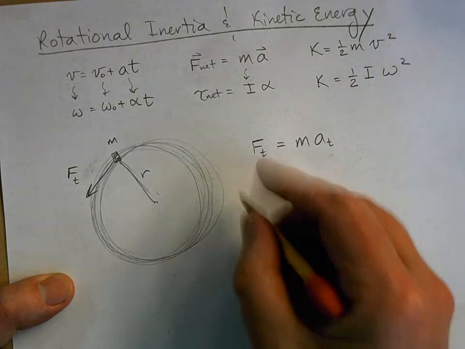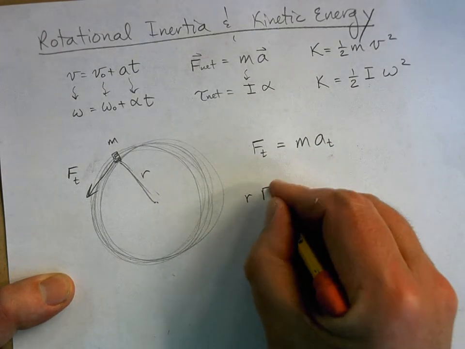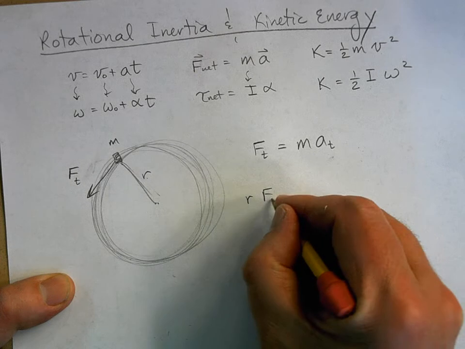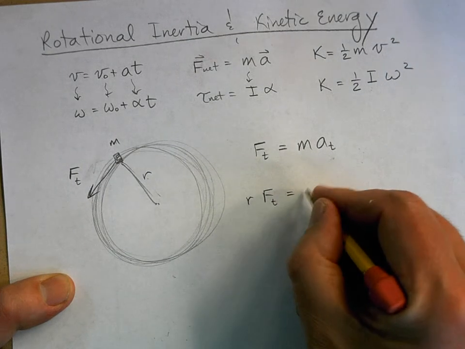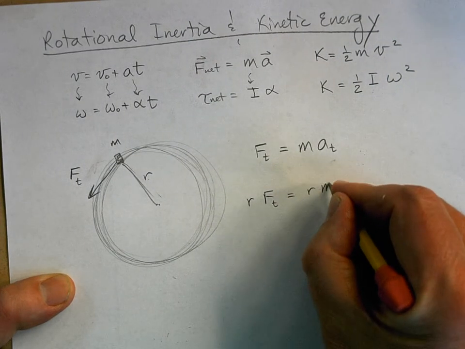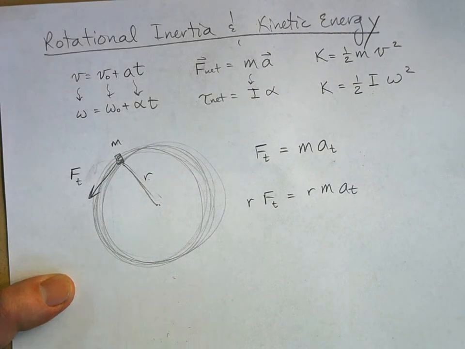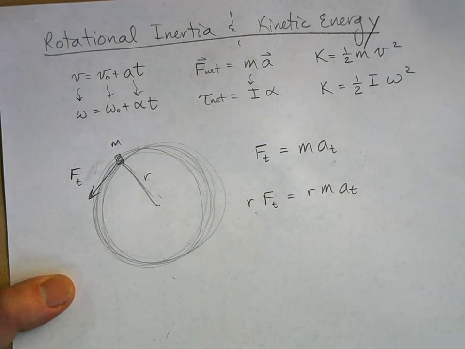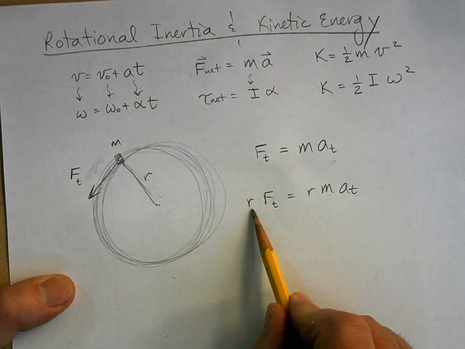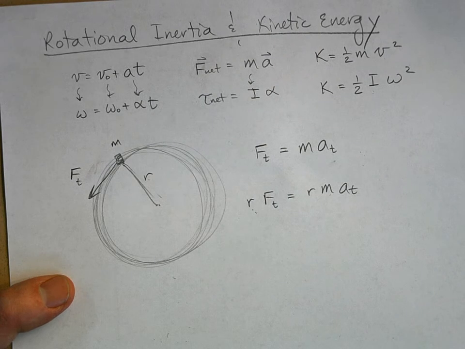Now I'm going to multiply both sides by r, the radius here. R times the tangential force is equal to r times mass times the tangential acceleration. All I did was multiply both sides by r; algebra lets me do that. But what is r times the tangential force? This is something we did last time.